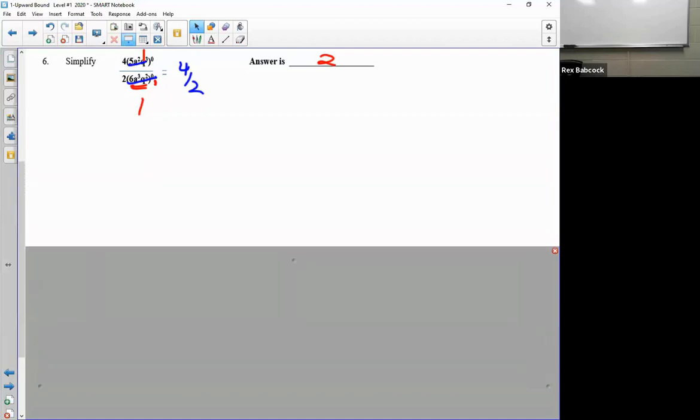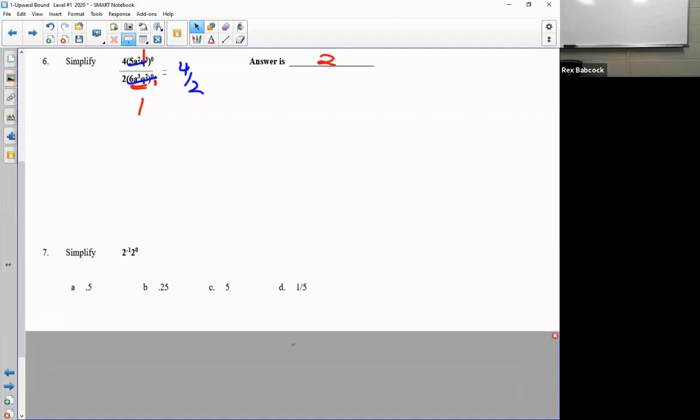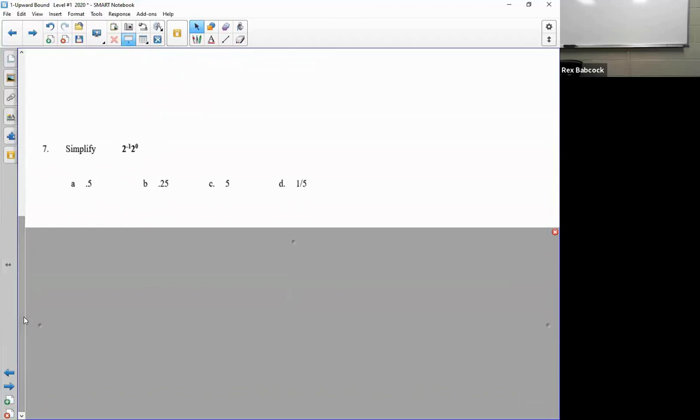And the last example for today on classwork. Simplify. Take about 30 seconds and see if you can do that one. 2 to the minus 1 times 2 to the 0. What is that?